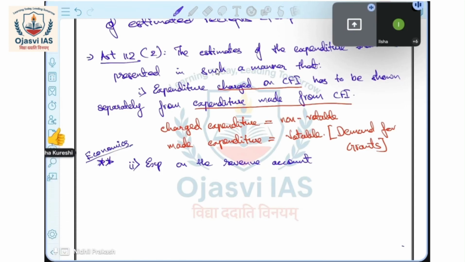But what you need to know here is that expenditure on the revenue account has to be shown separately from the expenditure on the other account, that is, on the capital account.